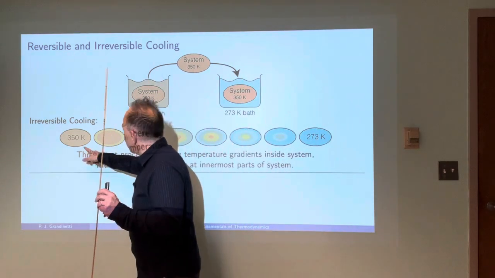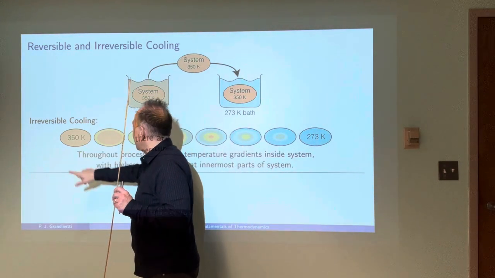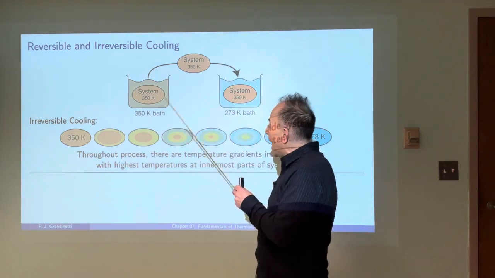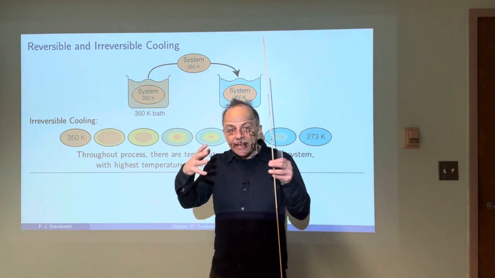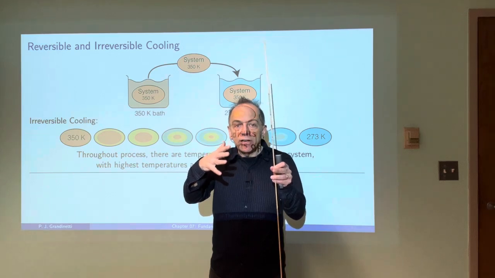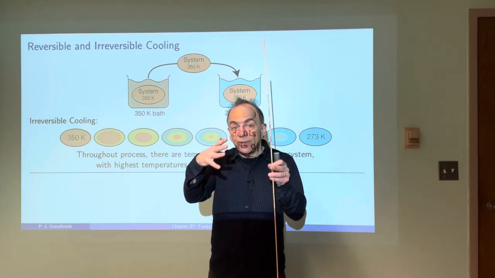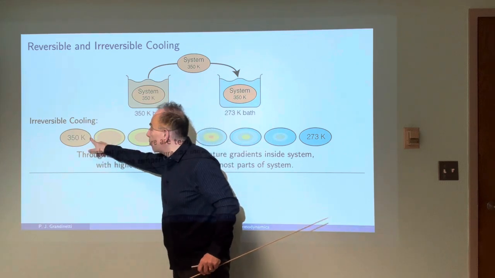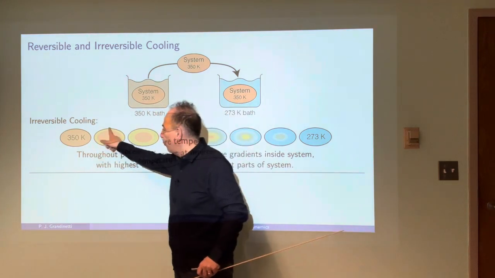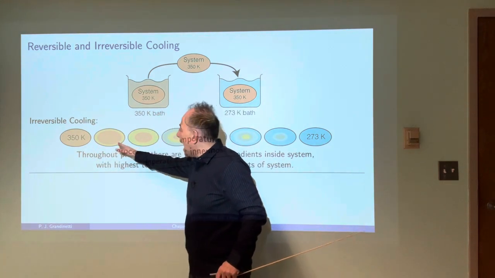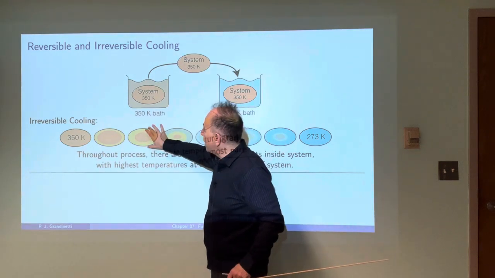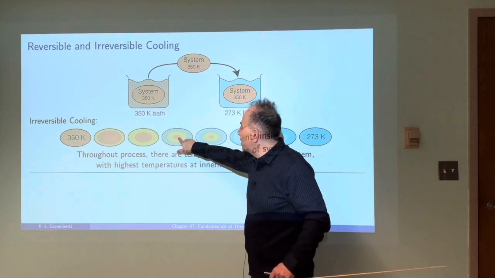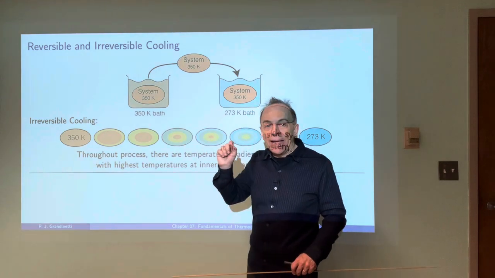If we start out with our system at 350, and you imagine that since it's in contact with this cold bath here at 273, it's the surface where it starts to cool first, and it cools from the surface inward. So we imagine that there's a layer where it drops from 350, say maybe down to 340 on the outside layer, and as it cools over time, the outside layer cools first, and the deepest center is where it remains the hottest.